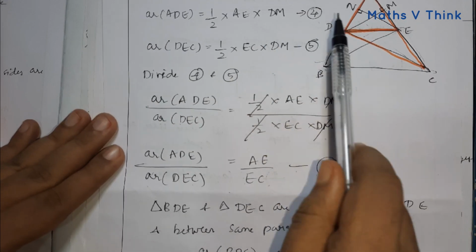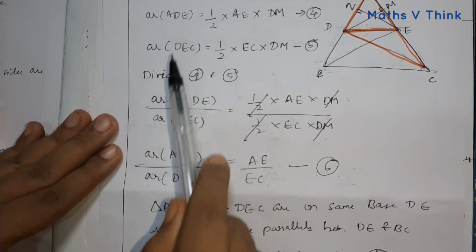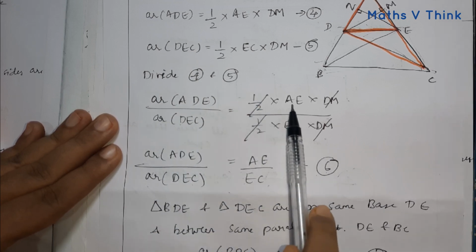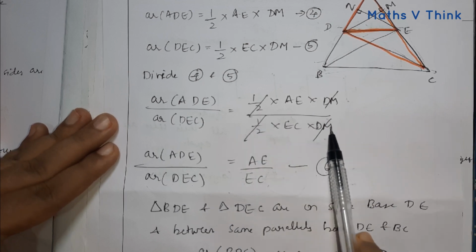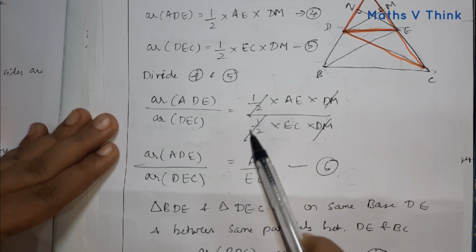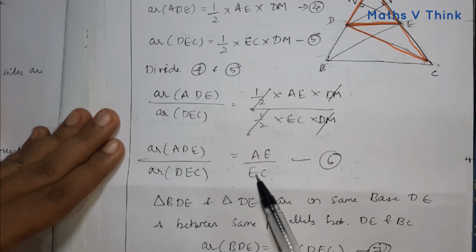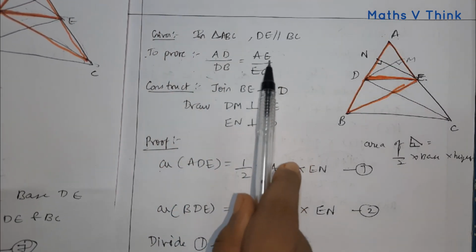So divide, write the name as 4 and 5, again divide 4 and 5. So area of ADE by area of DEC is equal to half into AE into DM divided by half into EC into DM. DM half gets cancelled. The remaining is AE and EC. So we got the right part of our to prove.